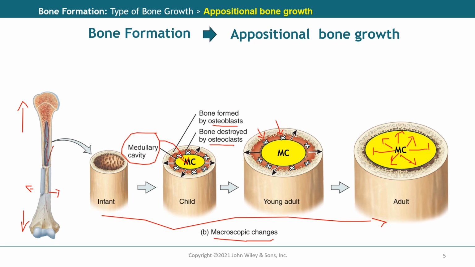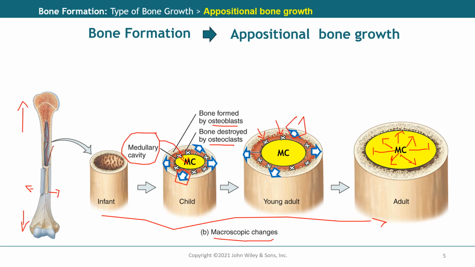However, this is not the only process. An opposite process has to happen by the osteoblasts. And here I have these blue arrows that are indicating the action of the osteoblasts. So the osteoblasts are going to make the bone grow wider and wider every time.